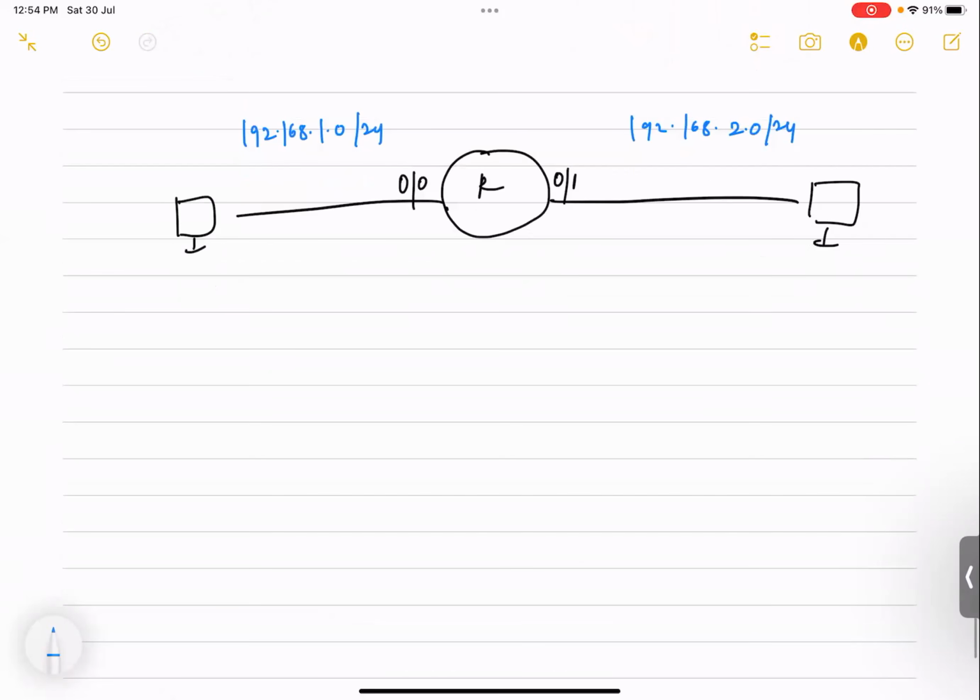This user's IP is 192.168.1.2 and the MAC address is A. The other user's IP is 192.168.2.2 and the MAC is B.